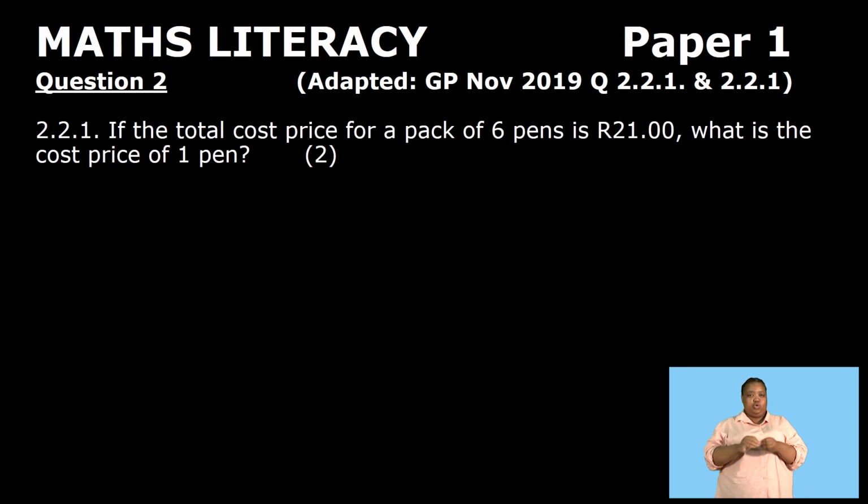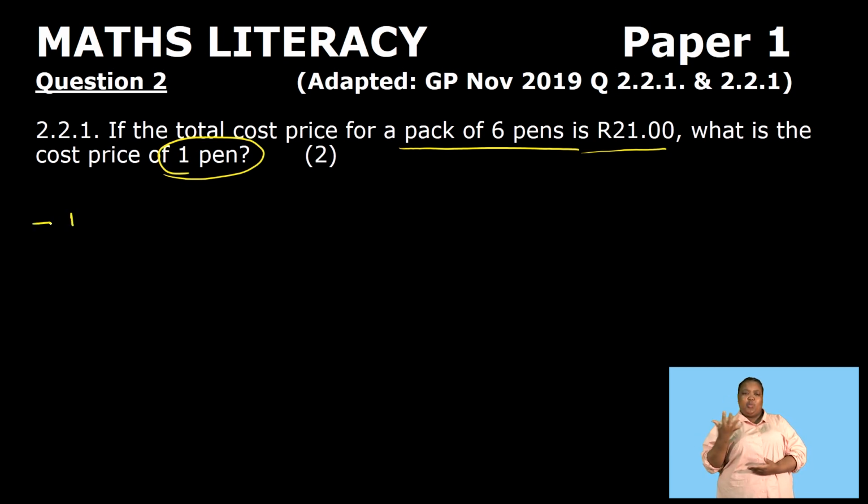If the total cost price for a pack of 6 pens is 21 rand, what is the cost of 1 pen? So now in this case, we have a 6-pack of pens, and it says the pack is 21 rand.